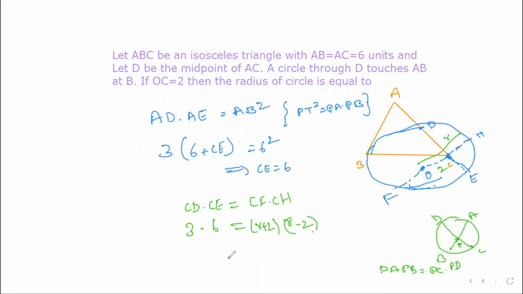So from this, you simplify and solve for R, and that will give you root 22. I hope this explanation is clear to you, and it's a very interesting way of applying the learned concept of concyclic condition.